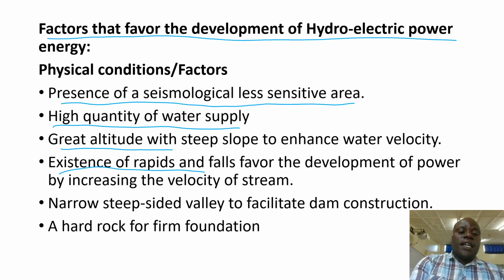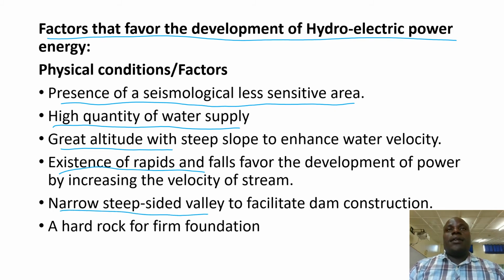There should be a narrow, steep-sided valley. The river width should be narrow, such that the dam construction becomes easier, quicker, and cheaper. Where to construct a dam, there should be a hard rock for firm foundation.